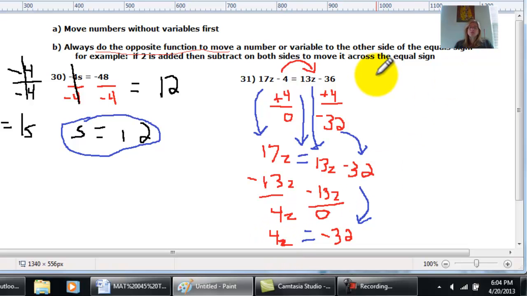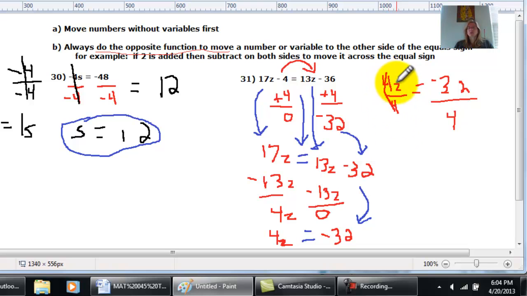Our last step is going to be division then. So we will do 4z divided by 4, because we do the opposite to both sides of the equation, and we'll have negative 32 divided by 4. Four over 4 is 1, because any number over itself is 1.